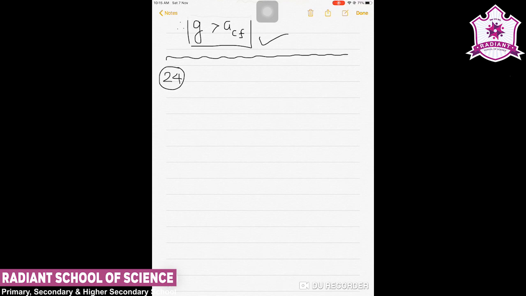So first of all we calculate the total energy of the spaceship. Here we consider that the radius of the orbit of Mars be r, and r dash be the radius of Mars itself. M be the mass of the sun and m dash be the mass of Mars.